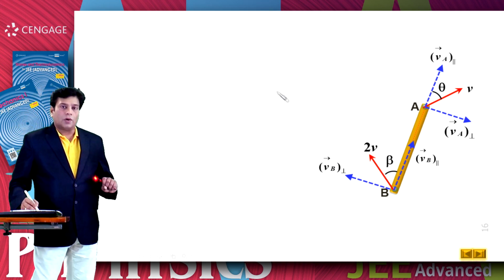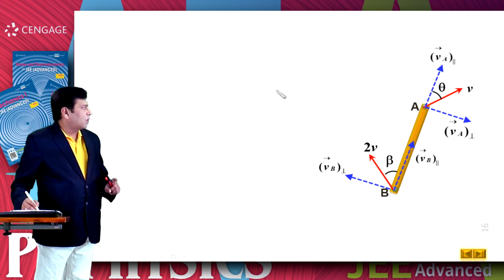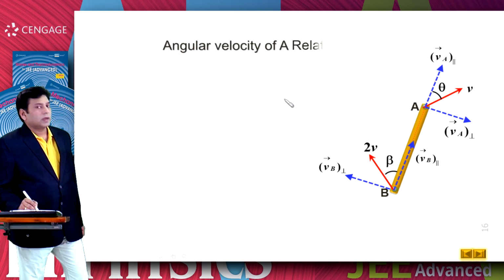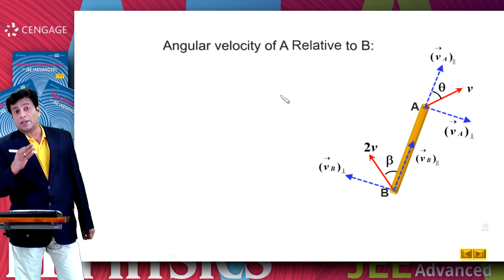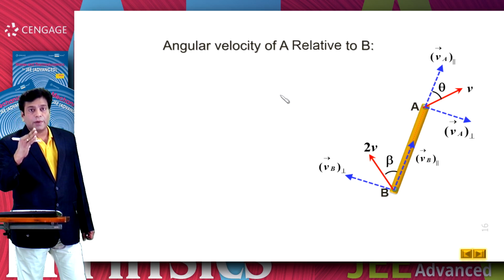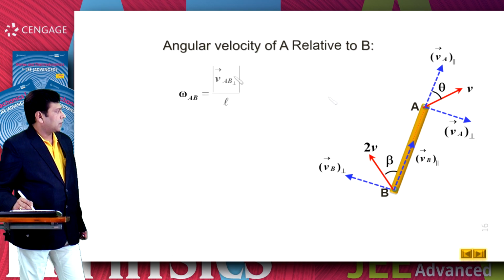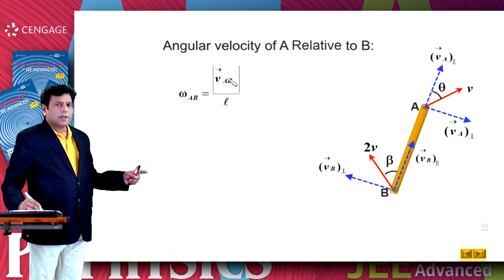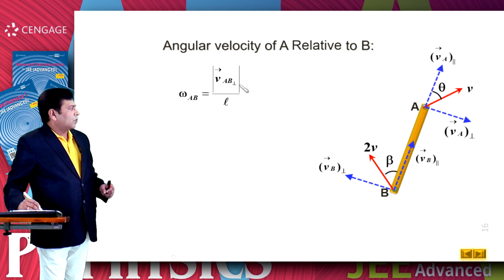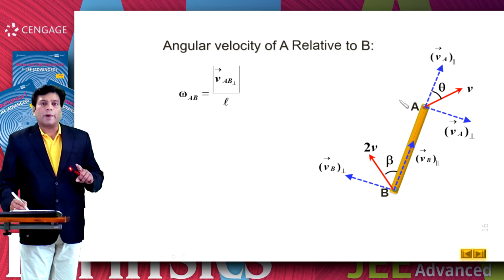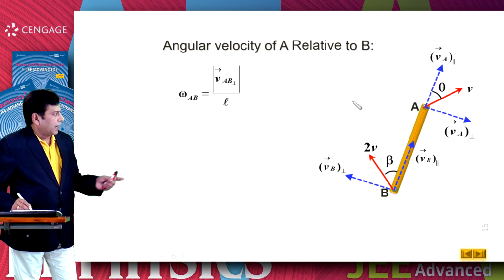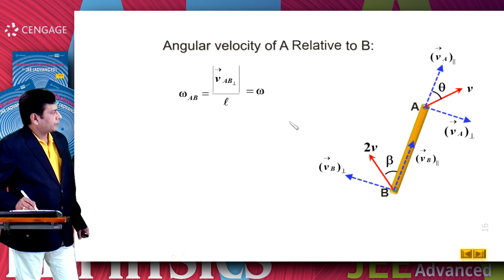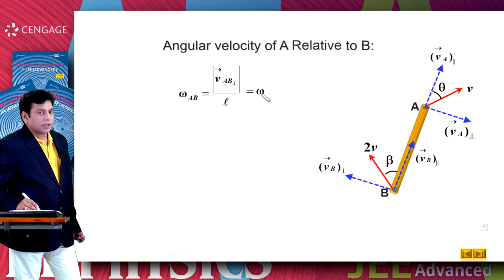Right? Now we can write angular velocity of A relative to B. That is equal to omega AB, that is equal to finally VAB perpendicular divided by L. You know, this VAB is nothing but it is equal to V perpendicular A minus V perpendicular B, that is VA perpendicular minus VB perpendicular, and overall divided by L. And finally this is equal to omega.